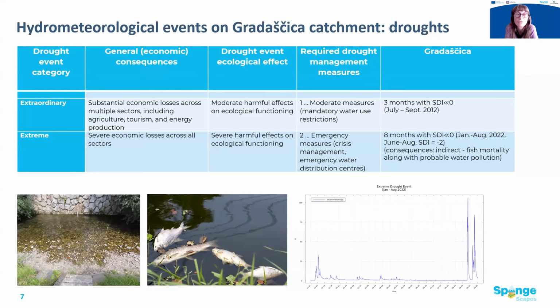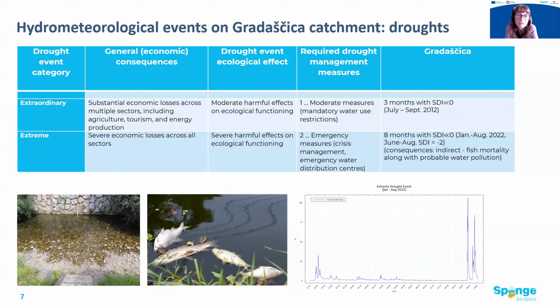We had one extraordinary event on Gradaščica in 2012, and then an extreme event in 2022, when the value of the stream flow drought index was significantly below 0 for 8 months. You can see almost dry riverbed of our Gradaščica.